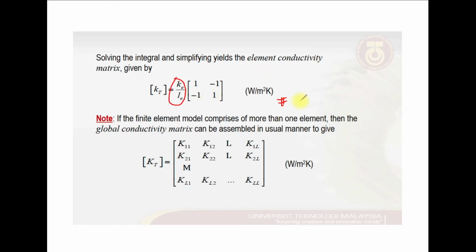multiplied by this square 2 by 2 matrix. If I recall the similar equation, the K for the structural analysis that we have done in our earlier lecture, we have a very similar form of the equation, where we have AE over L, and then we also have a square matrix of 2 by 2, 1, -1, -1, and 1.